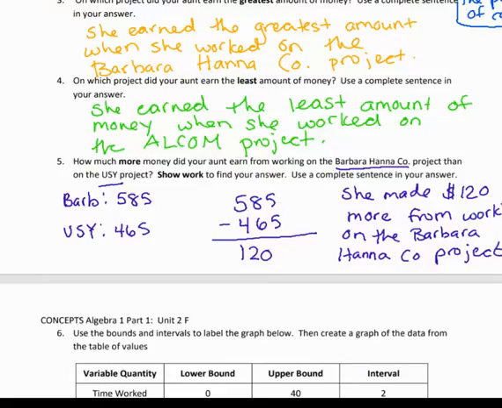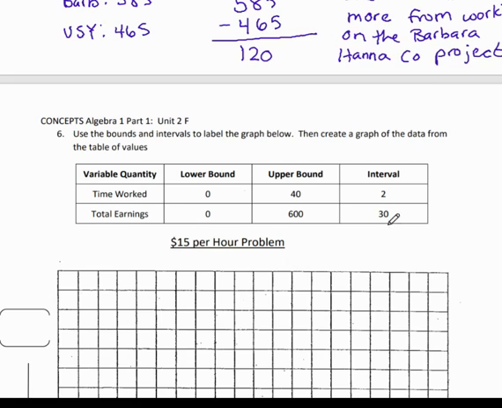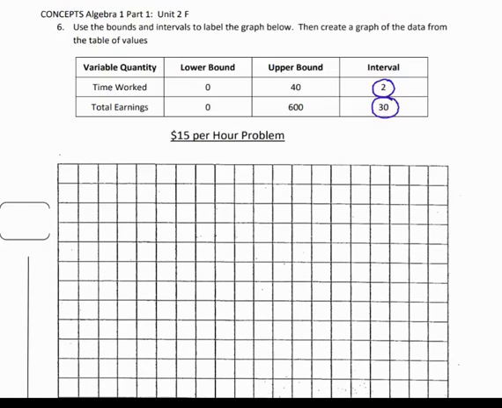Okay. So, number 6. Take a look, guys. Look at the intervals. Did we do it right on our homework last night? 2 and 30. Is that what we just came up with earlier today? Yeah, we did. So awesome. Very good. So we are going to fill in this graph. Let's recall what goes on the bottom axis here.